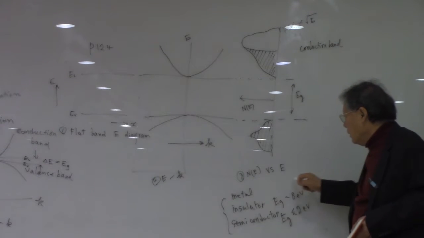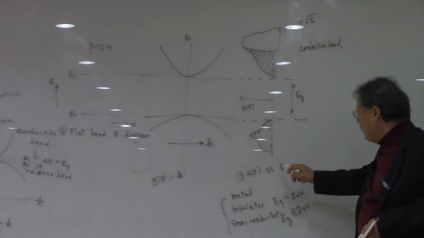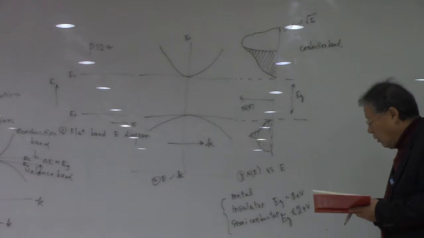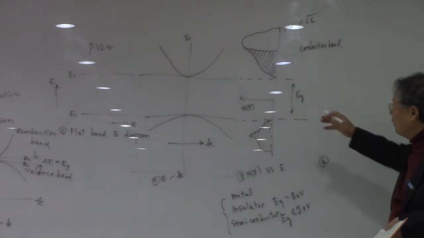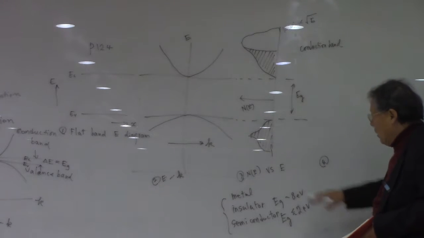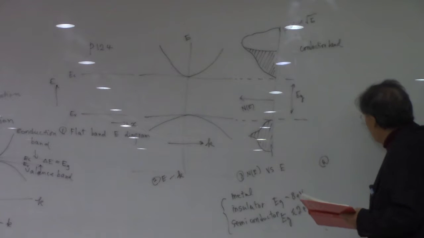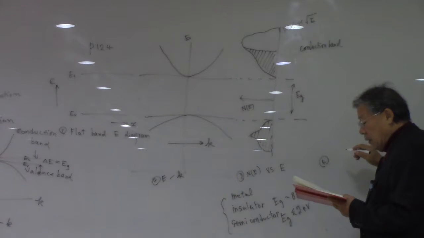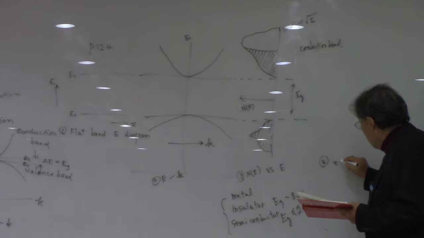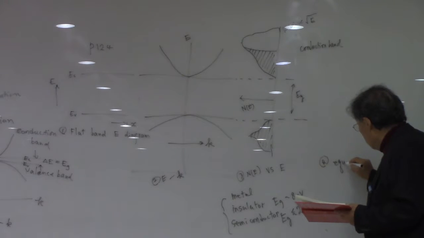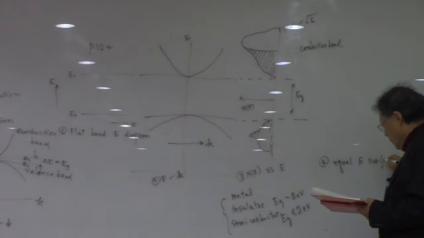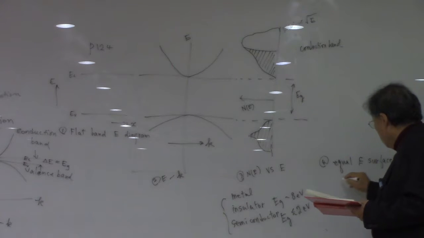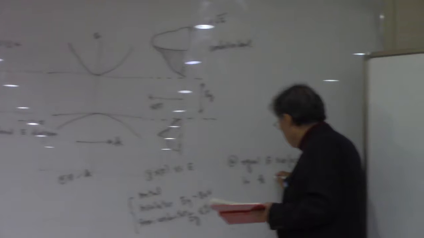So this density versus E is also very useful to make a distinction among the materials. Okay, and then finally we have equal energy surfaces in K space.